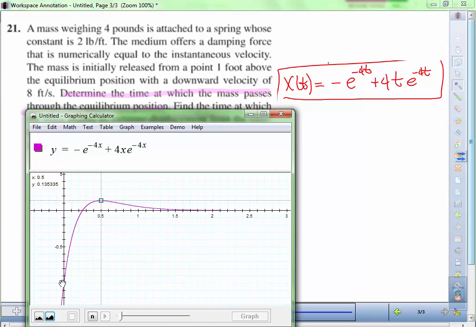But then after you let it go, it goes as far as 0.135 foot, and that happens in half a second. So that's the other question.